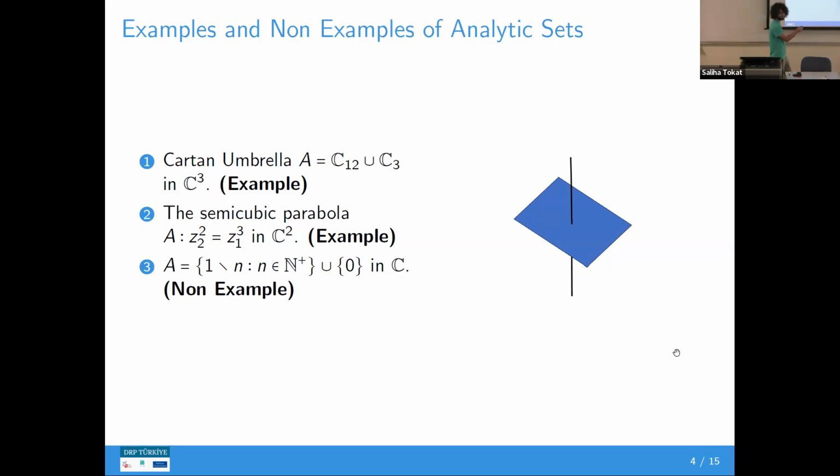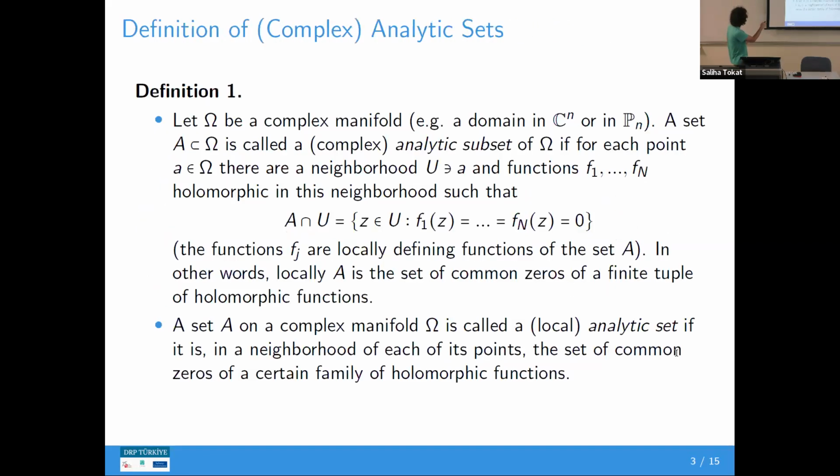What can we say about the intersection? Take point 0. If we go back to the definition, we see that we need to find a neighborhood. We can choose many neighborhoods.